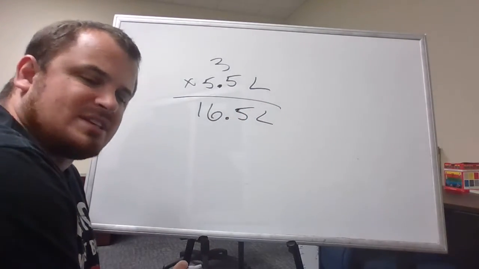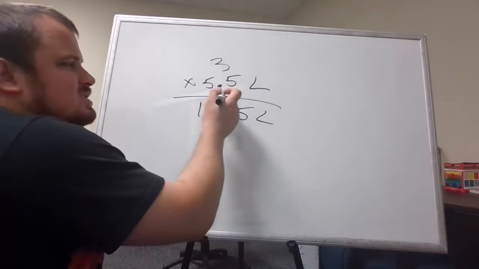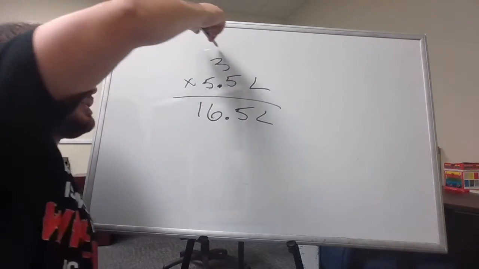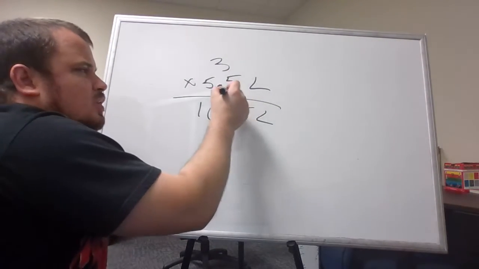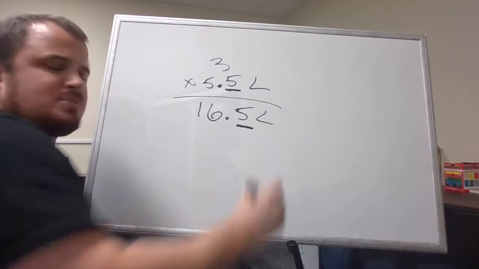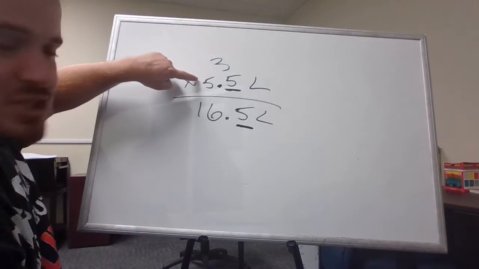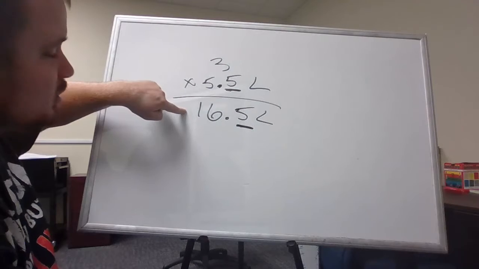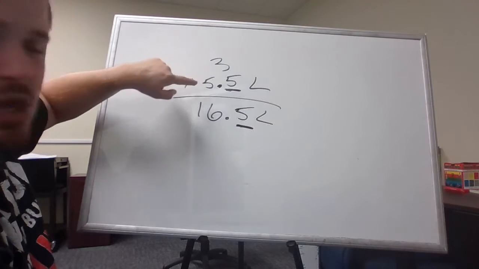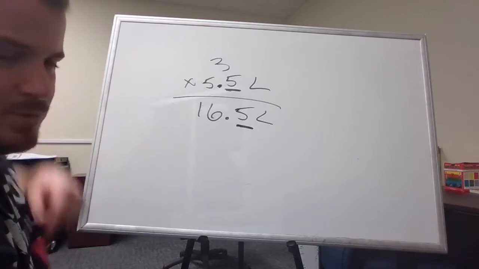But how do we decide if we round it? Look at the decimal place of the measurement. This is not a measurement up here at the 3. So we just go, this is at the 1's place, so keep it at the 1's place, and we're good. I know that has 2 significant digits, that has 3, but when you multiply, divide a measurement and a non-measurement, you don't care about that. All you care about is the decimal placement.